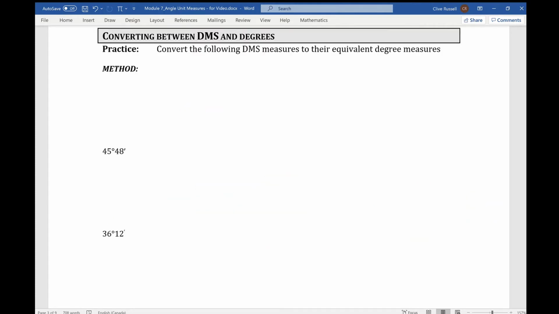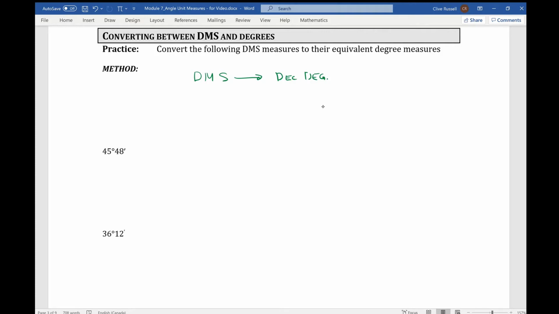Now we're going to be going the other way around. You're going to be given degree, minute, seconds, and now you want to go to a decimal degree. Right? So let me give you the method here.